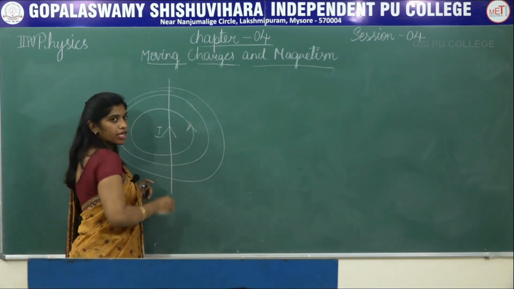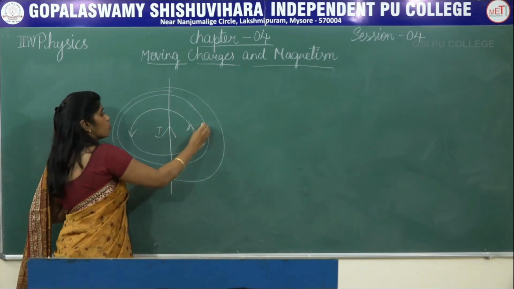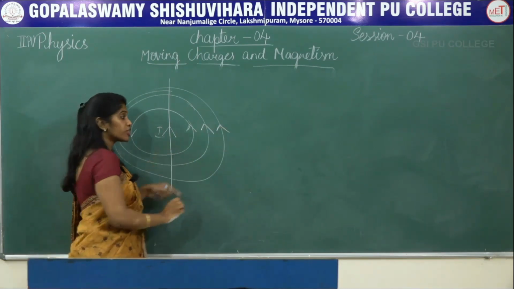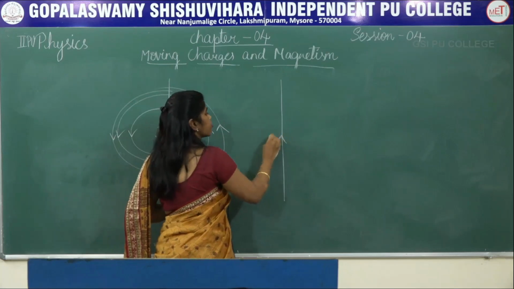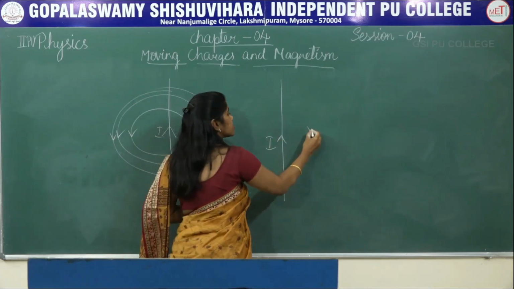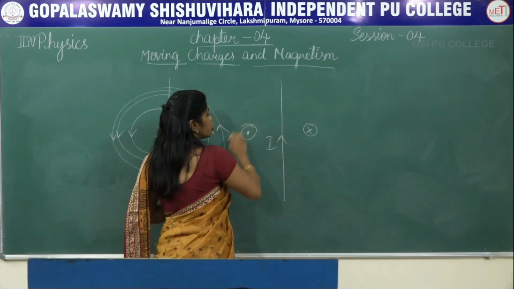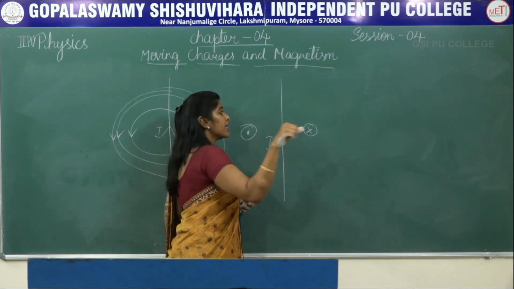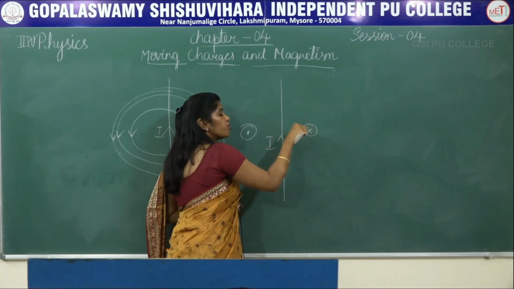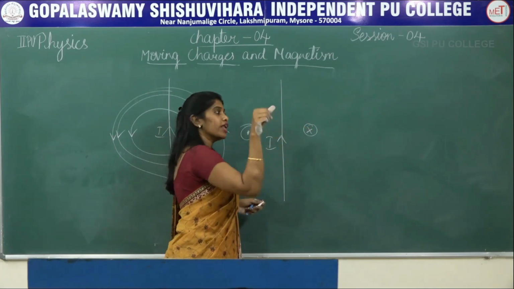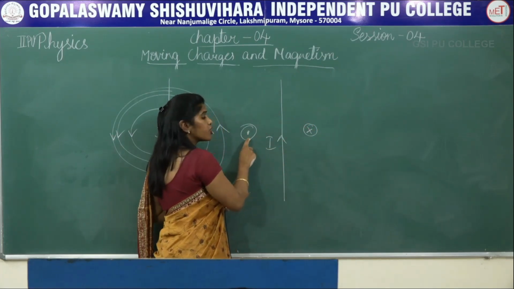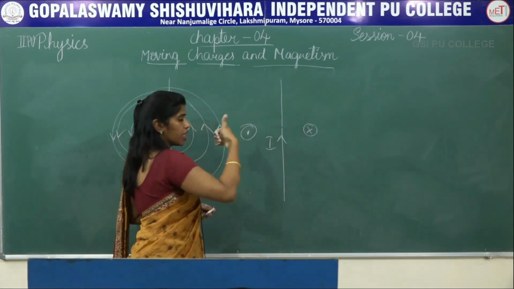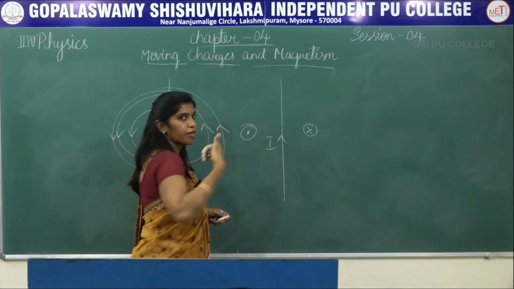In, out, which can also be written as, if this is I, then this is into, this is dot. I have already explained, into means the magnetic field is inwards, that is into the board. It is perpendicular to the board and inwards. This is perpendicular to the board and outwards.